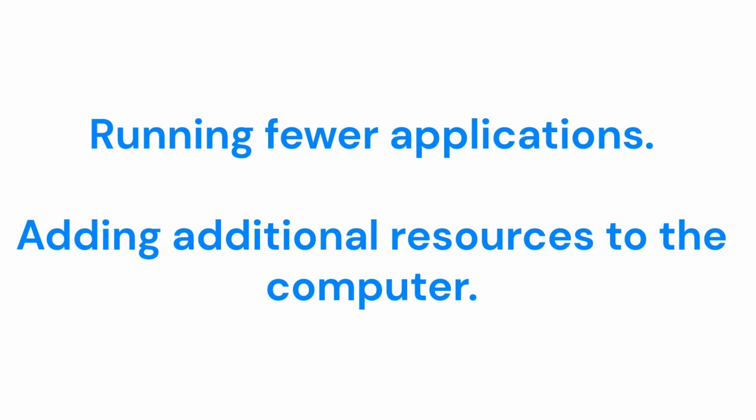Once you identify a bottleneck, you must decide how to remove it. Your options for removing a bottleneck include running fewer applications and adding additional resources to the computer. A computer suffering from a severe resource shortage might stop processing user requests. This situation requires immediate attention.